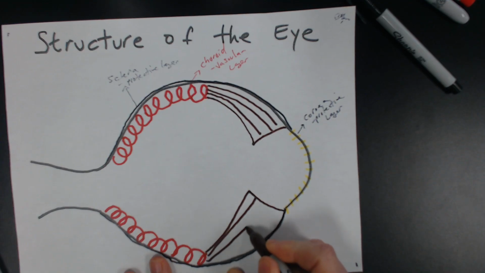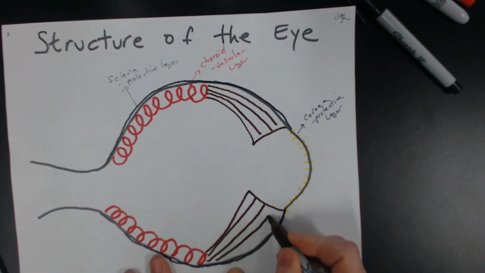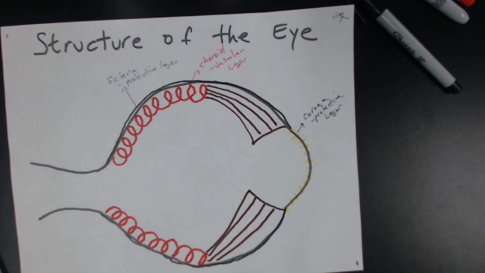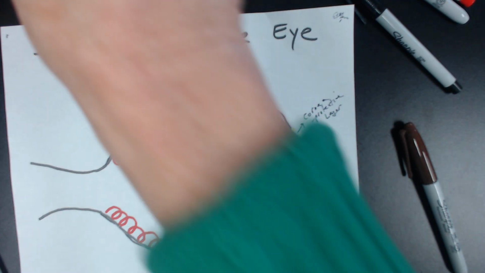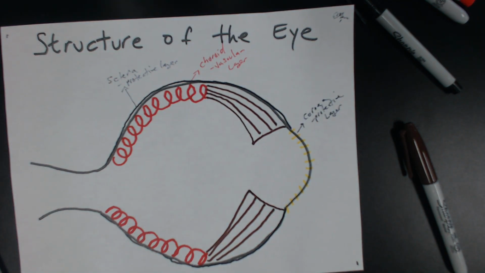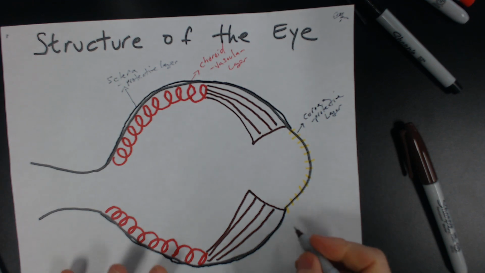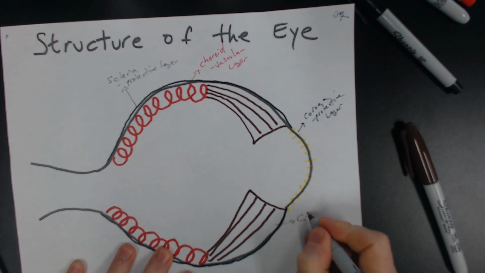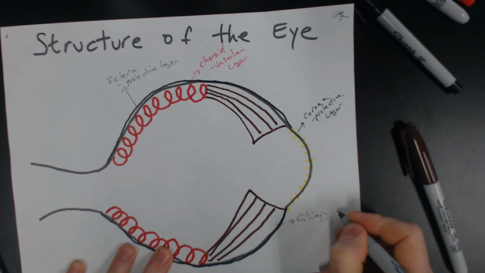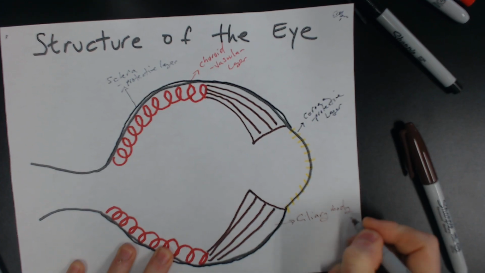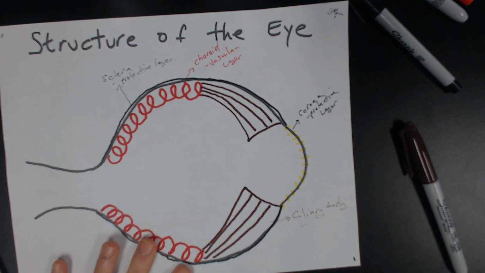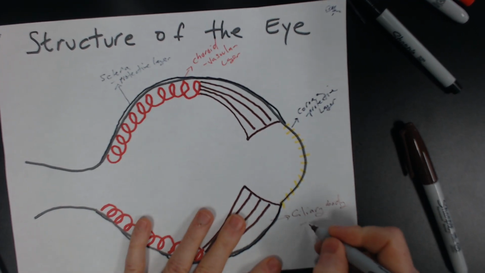And the name of this muscle is the ciliary body. And the ciliary body is also part of the vascular layer.